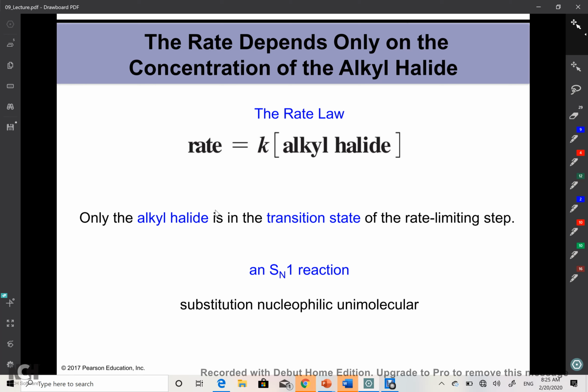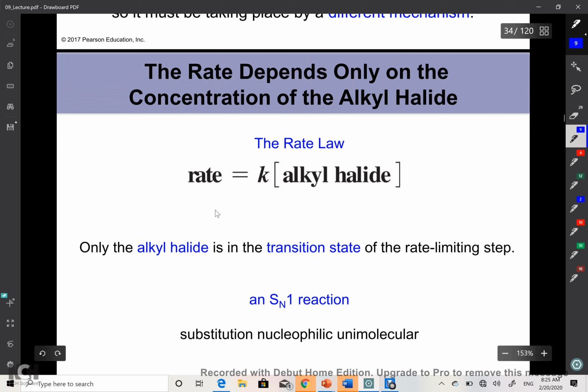Take note, it's only proportional to the concentration of the alkyl halide. Whereas for the SN2, it was proportional to the concentration of the alkyl halide and that of the nucleophile. So here, it only depends on one thing, the alkyl halide. So the nucleophile doesn't matter. Even if you dump in as much nucleophile as you want, that will not affect how fast this reaction will take place.